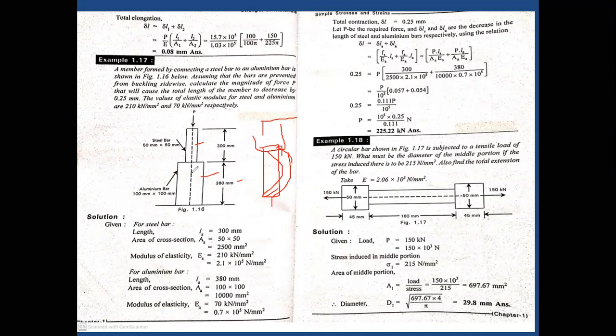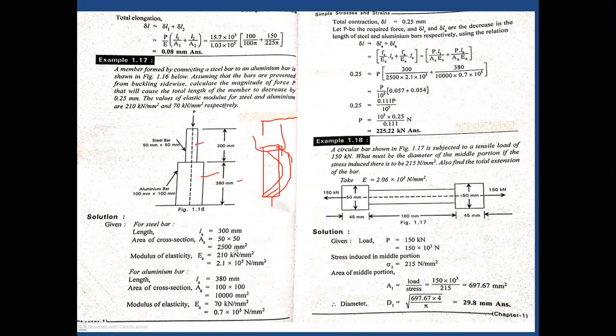While considering the steel bar, the cross section is 50 by 50, a square. So the area is L into B, 2500 mm square.